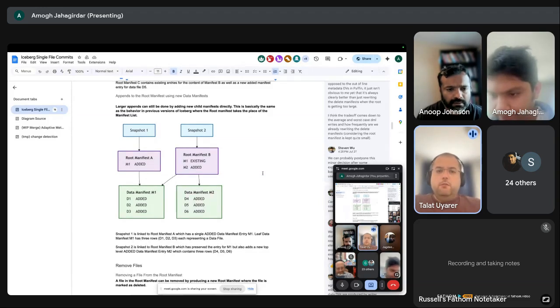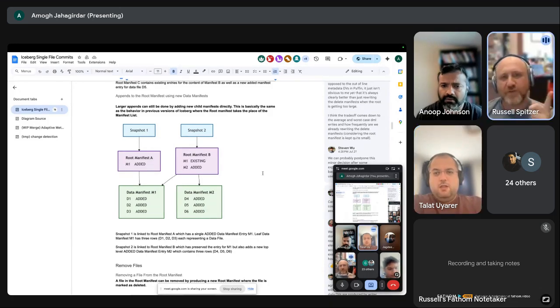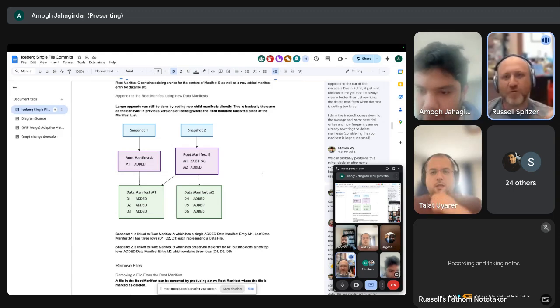Rather than generating multiple data manifests, just one data manifest is pointed to by the root manifest, right? This is the only change, and it still looks like the old style. The only difference is that rather than having one manifest per file, we will have just one data manifest for multiple files. So this example is basically showing the old style.